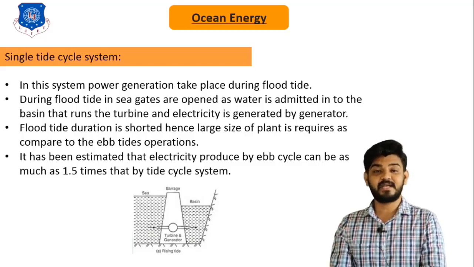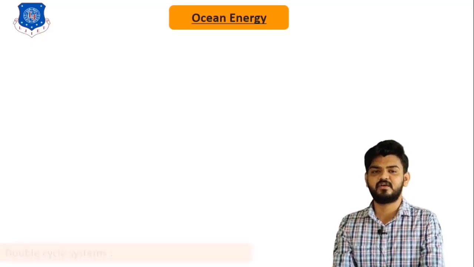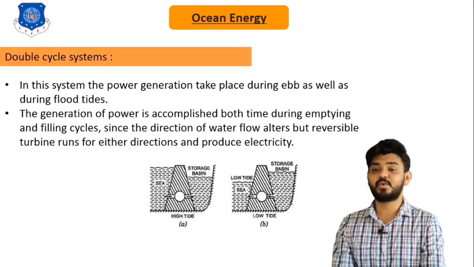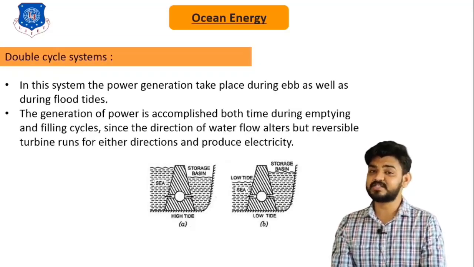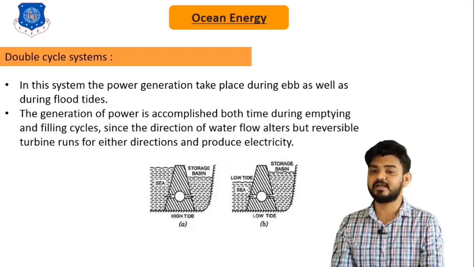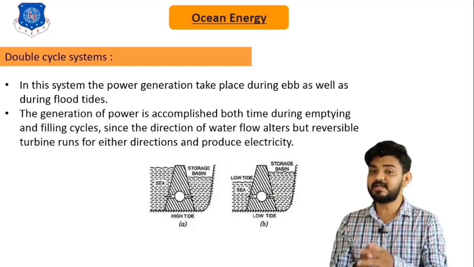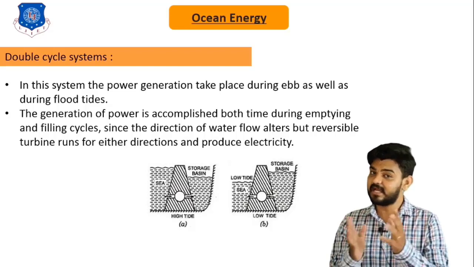So now let's understand how the double cycle system works. Here in this image you can see that power generation takes place during ebb tide and during flood tide as well. The generation of power is accomplished both times, during the emptying and filling cycle. Since the direction of water flow alters but the reversible turbine runs in either direction, it produces electricity continuously.